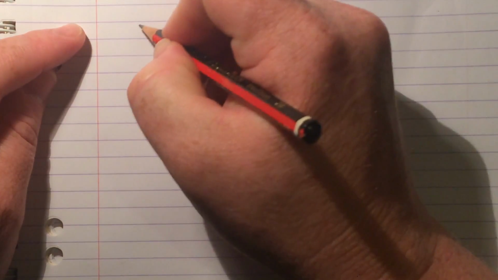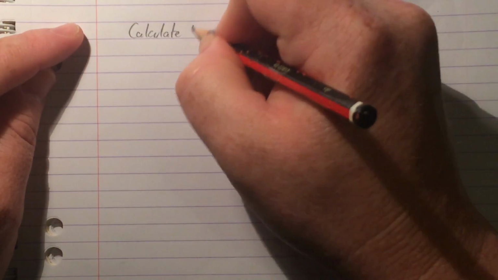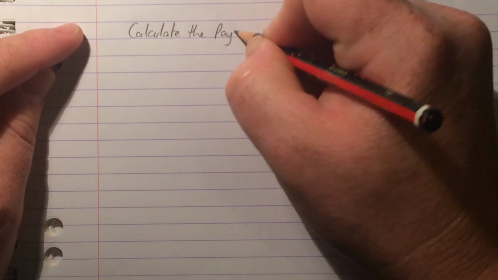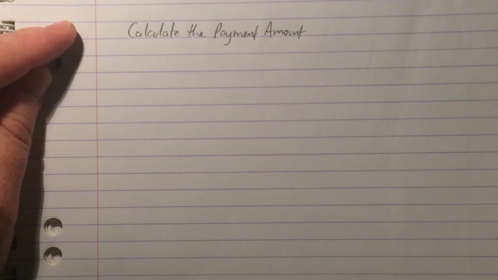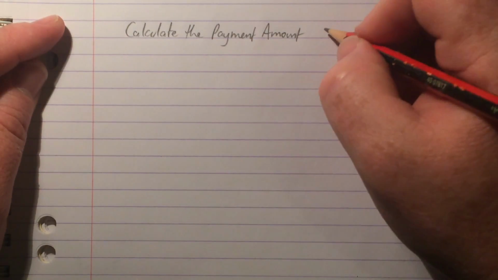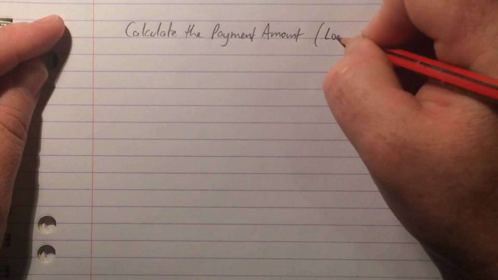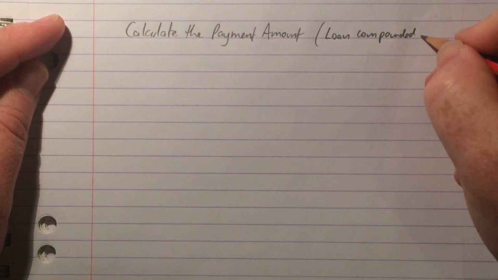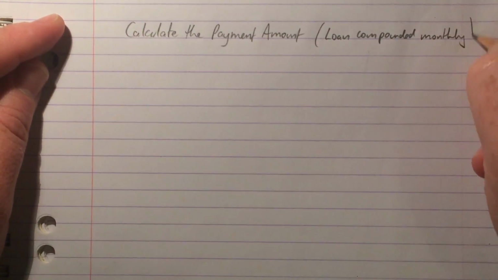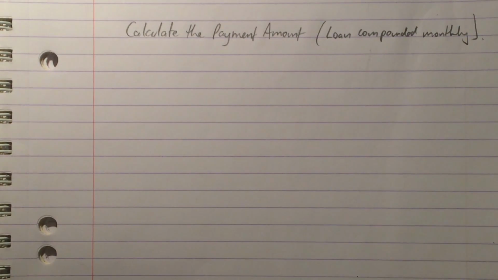The steps involved to calculate the payment amount are as follows, and remember, this is purely for a loan that's compounded monthly.